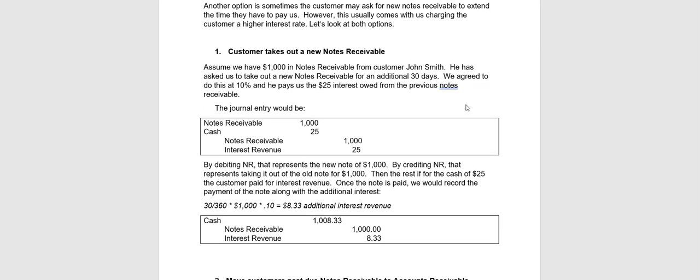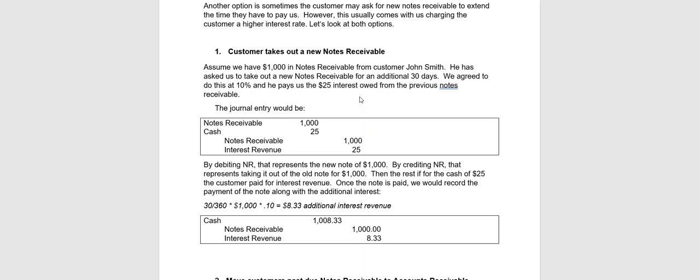In this case, let's assume that our customer is John. Okay, we had originally had a sale on account for $1,000 to John, and then we moved it to a note receivable. Well, now John isn't able to pay his current note receivable. So one thing that can happen is John could come to us and say, hey, can I have an additional 30 days? And you could say, sure, for an additional 10% interest.